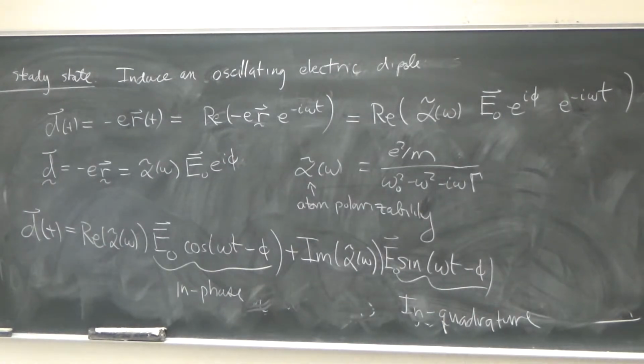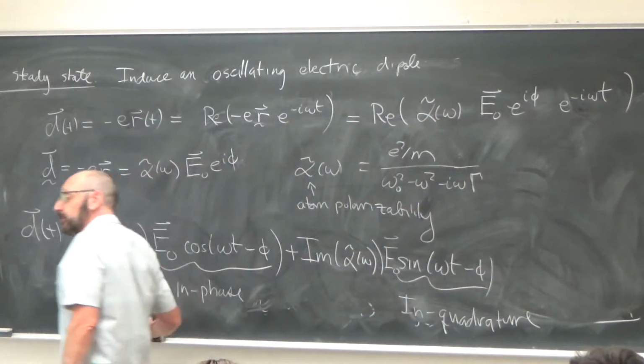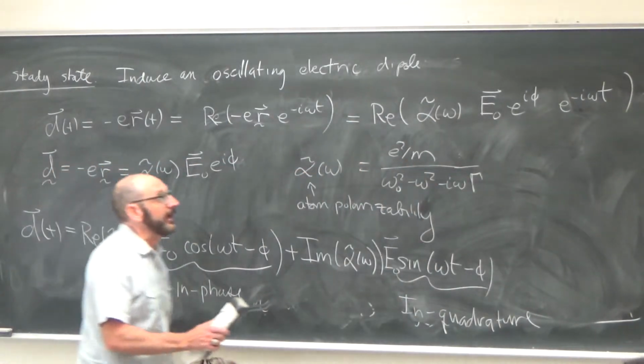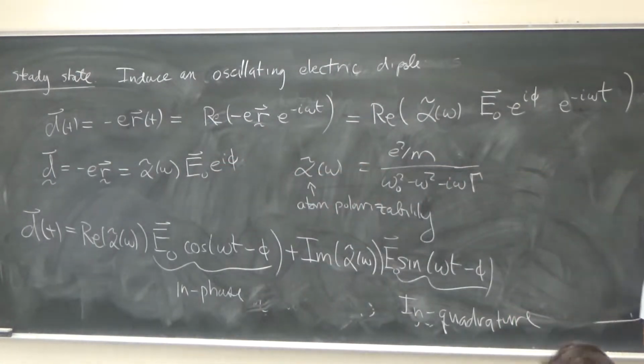Now, physically, what's the difference between them? What physically would these give rise to? Well, we can think about the way in which this matter affects the propagation of light.